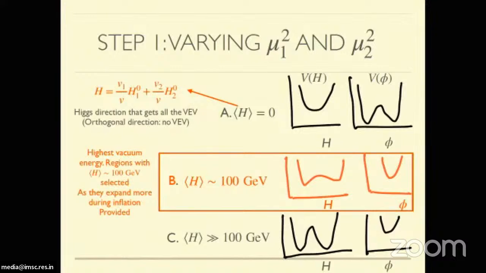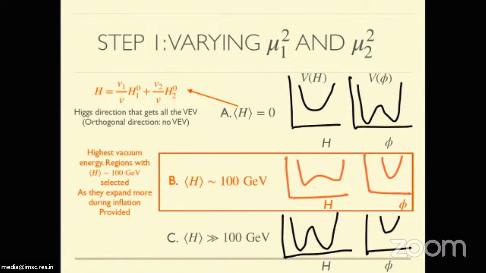As I said, the very simple picture that I described at the beginning actually holds, though there are various subtleties that I will discuss a bit. If the Higgs vev is 0, the Higgs potential is like this, but the phi potential to start with was like this. Now, as I increase the Higgs vev, at some point the phi potential flips from this to this form, but the Higgs potential dips a bit.